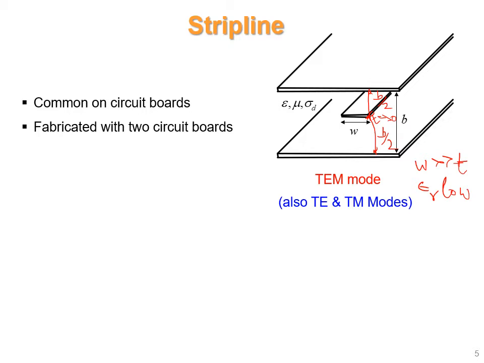So it can be fabricated using a homogeneous dielectric material, that is, the dielectric material used below the strip line and above the conducting path is the same.